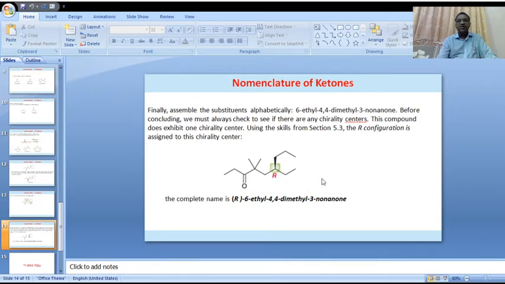This compound does exhibit one chirality center.